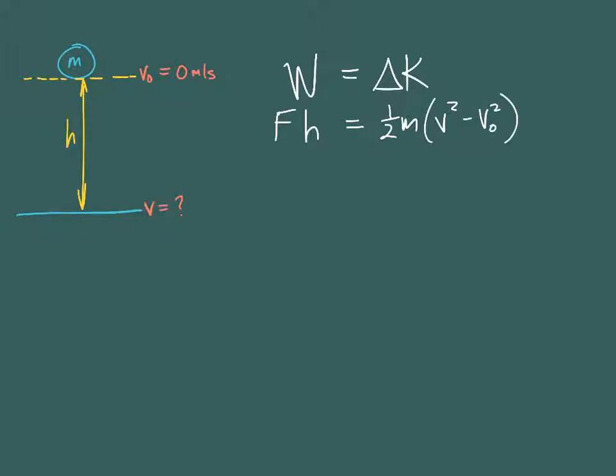Well, that was 0. So I can drop that minus v0 squared. The force that's on this object is the force of gravity. So that's mgh equals 1/2 mv squared.